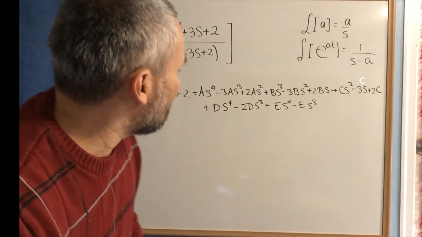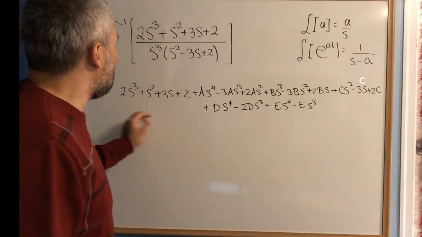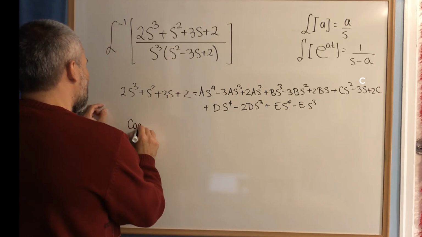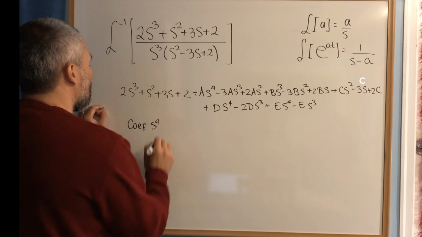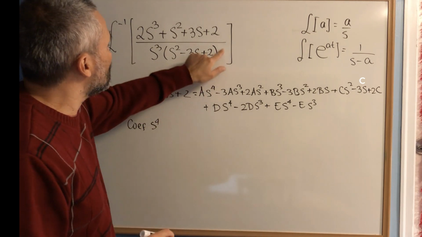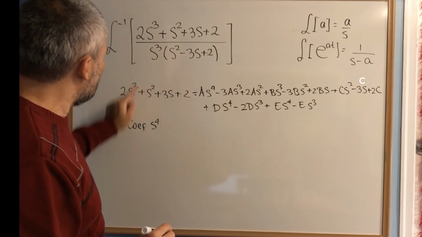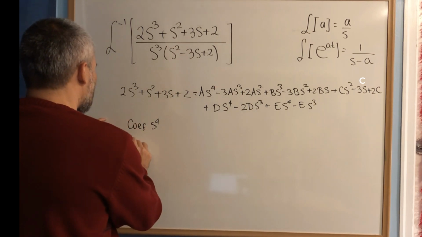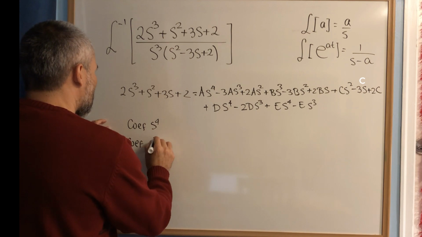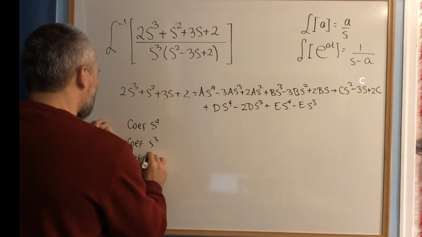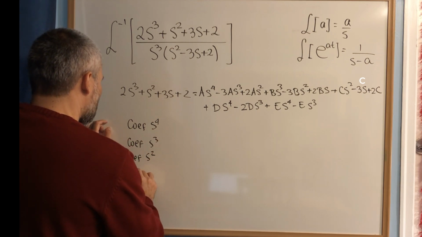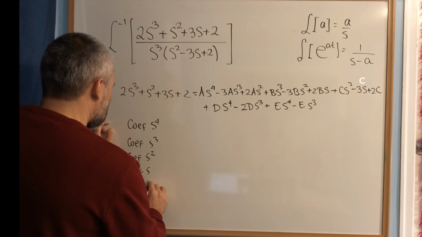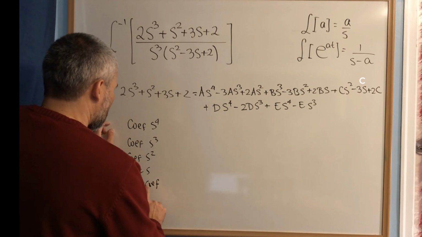Okay, now we need to set up the coefficients. These two polynomials are the same, and then they must have the same coefficients. We do the coefficient of s to the 4. Notice that this polynomial is a polynomial of degree 5, so we start with degree 1 less. Coefficient of s to the 4, coefficient of s cubed, coefficient of s squared, coefficient of s, and the constant coefficient.